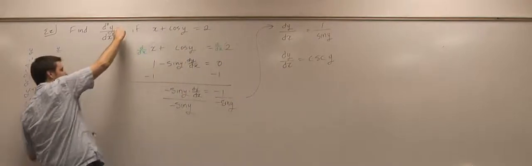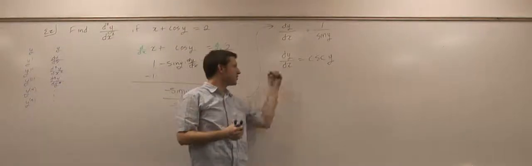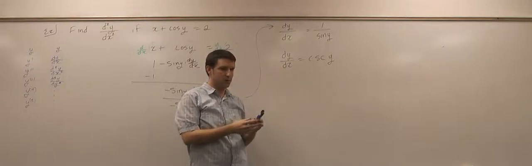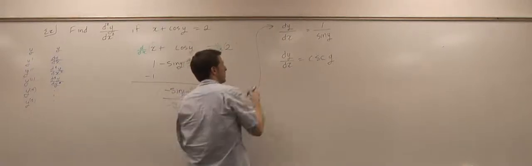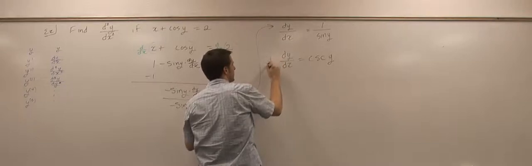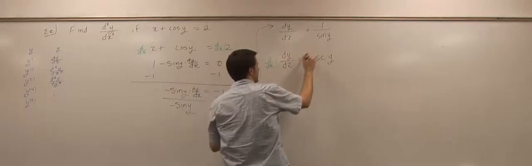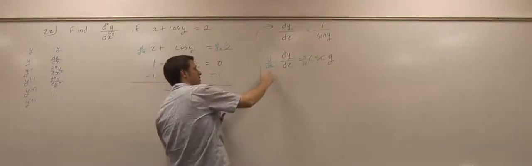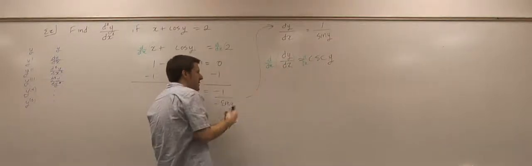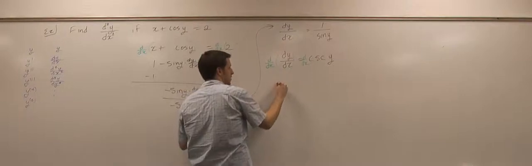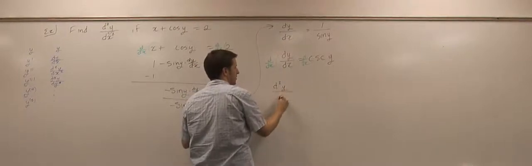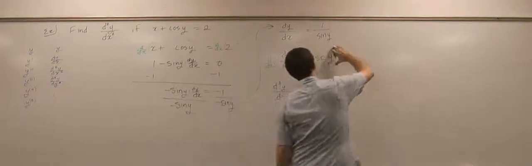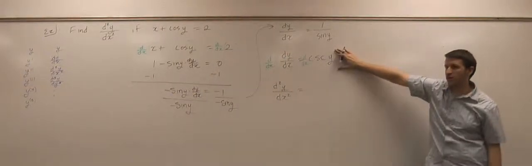To get the second derivative, I have to take the derivative of both sides again with respect to x. So if I take this answer and I do d dx, derivative with respect to x, on both sides, the derivative of the derivative means the second derivative. So that's my notation. And then over here, I have to do implicit differentiation on cosecant of y.